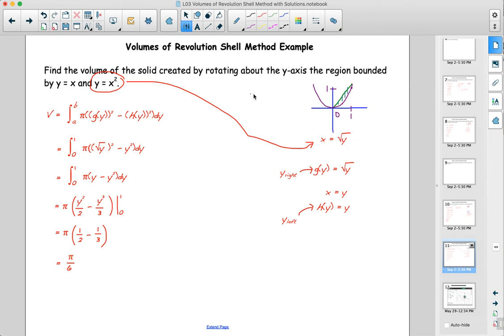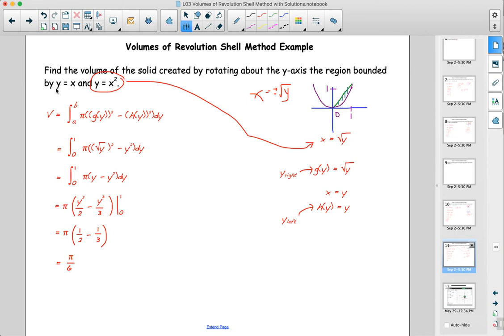Now technically I should have been getting x equals plus or minus the square root of y. But I'm only interested in this branch here, and that's the rightmost branch, and that would correspond to the square root of y. So x is the square root of y, and that's going to be the rightmost part of this. So I'm going to call that y right. Y right is g at y, which is the square root of y.